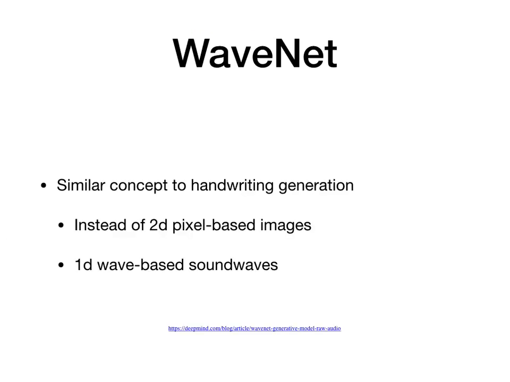We can also look at the same vein, but a little bit different phenomenon. It's like handwriting generation, but instead of those pixel images, it's doing a one-dimensional wave. So the sound waves. It's able to be trained on voice, and it's given the text, right?